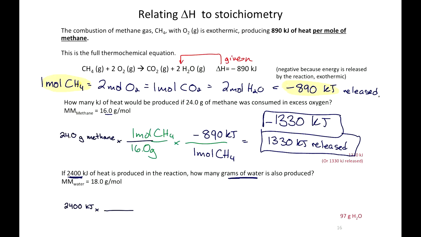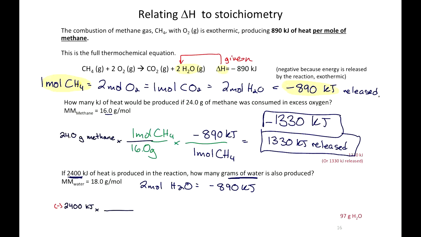But the equality that we're going to use here has to relate water with delta H. So that equality is 2 moles of water equals negative 890 kilojoules of energy. So I'm already telling you that this 2,400 kilojoules of energy is released, so you can think there's an implied negative sign there already.